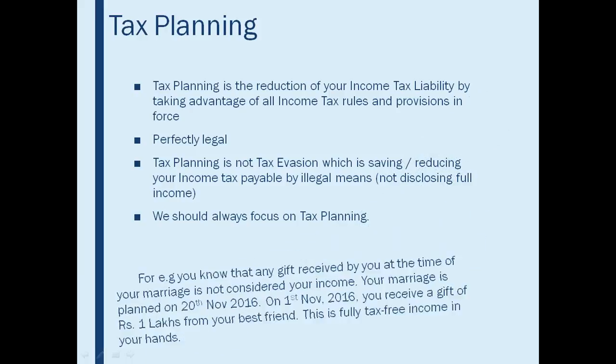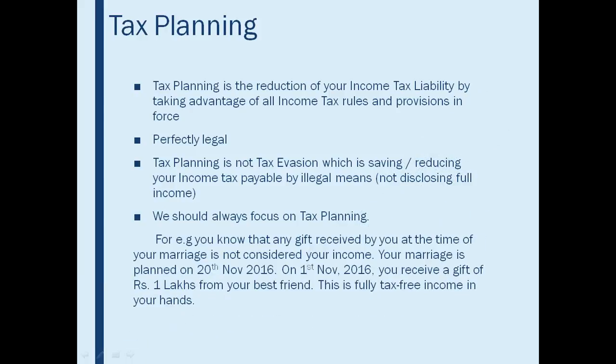For example, this is just an example. Under the Income Tax Act, if you receive any gift at the time of or before your marriage from anybody, then that is completely tax free. Normally, gifts up to 50,000 under certain specific situations or received from certain specific persons are exempt, but more than 50,000 is taxable.